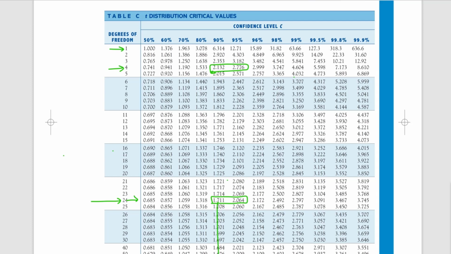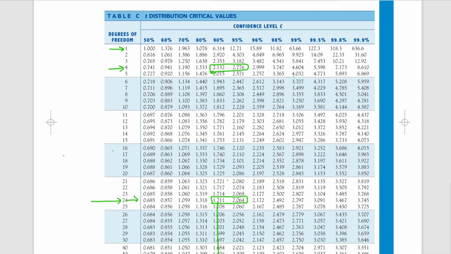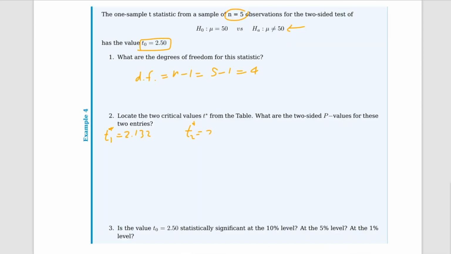Therefore, T1 is equal to 2.132 and T2 is equal to the next number, 2.776. And we know T naught, 2.5, should be in between these two numbers.